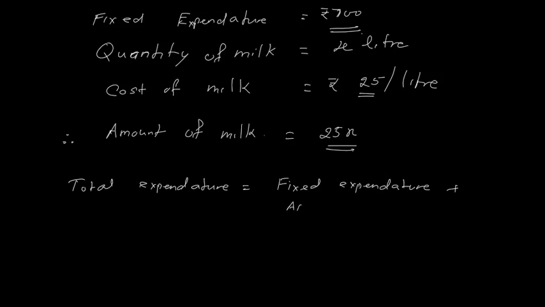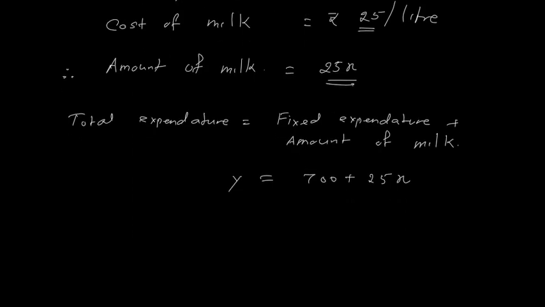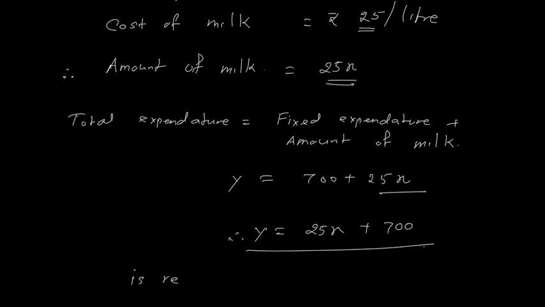So total expenditure is y, fixed expenditure is 700 plus 25x. Therefore y is equal to 25x plus 700, I write the variable first, is the required linear equation. Simple.